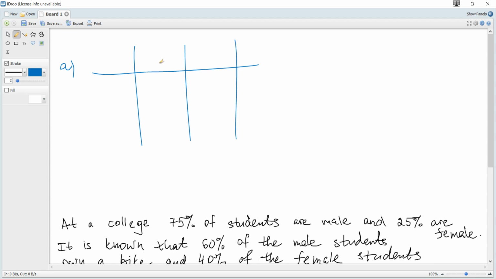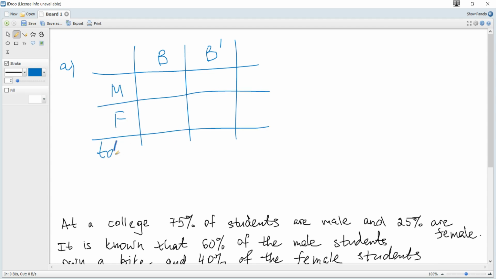There are two possible outcomes: bike and not bike, and also male, female, and total here, and total here, and here is the grand total, so let it be 100 students.